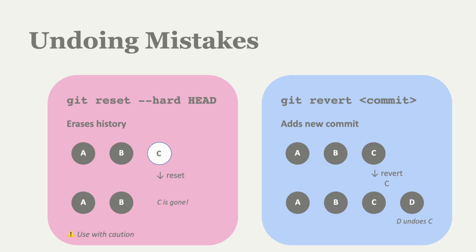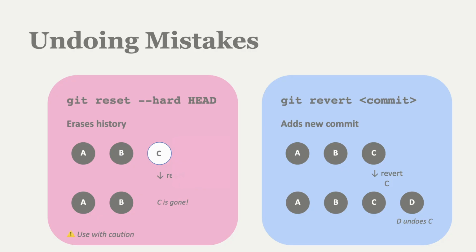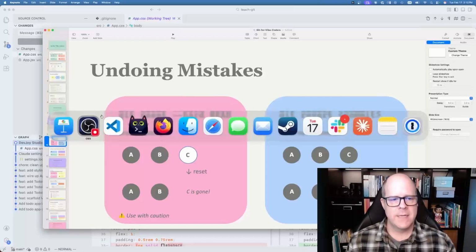You can use git reset to undo all the changes that you've made that you have not committed yet. And you can use git revert to undo a commit. You don't like the commit that you've just made, you can just undo it and it will create a new commit that is the exact opposite of the commit you did before. So let's take a look at each of these.